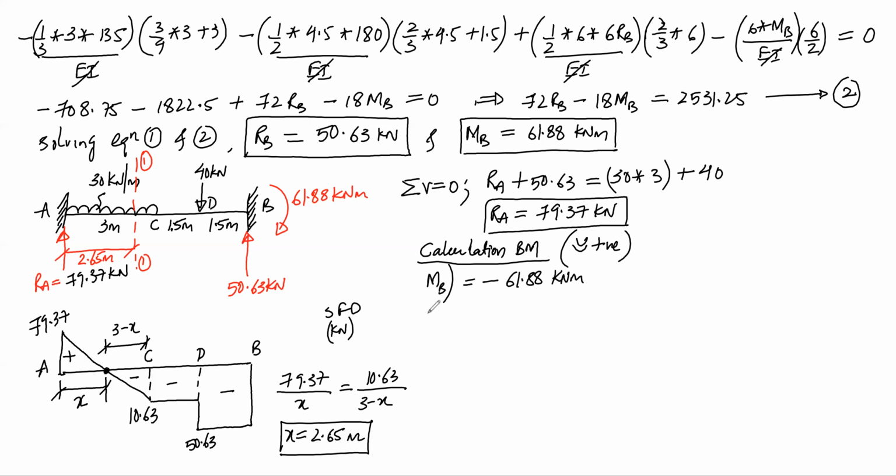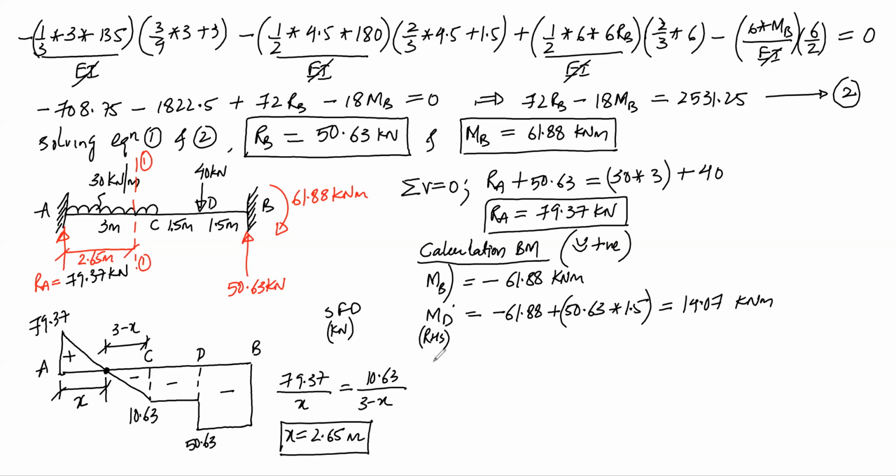At point D, if I consider the right hand side, moment at D will be hogging 61.88, and 50.63 into 1.5, this will be sagging, so it is plus 50.63 into 1.5. So this is calculated as 14.07 kilonewton meter.